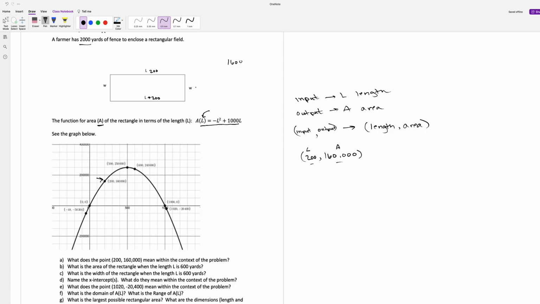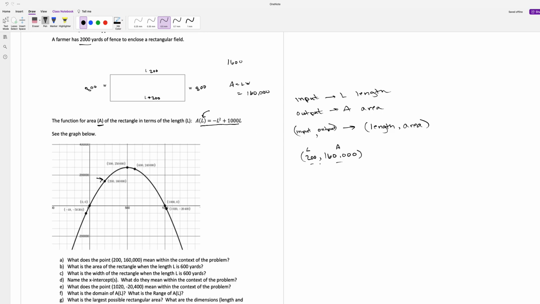Half of 16 is 8, so the widths would have to be 800 yards. The area, length times width, is 200 times 800, or 160,000. I can see that information in the diagram.